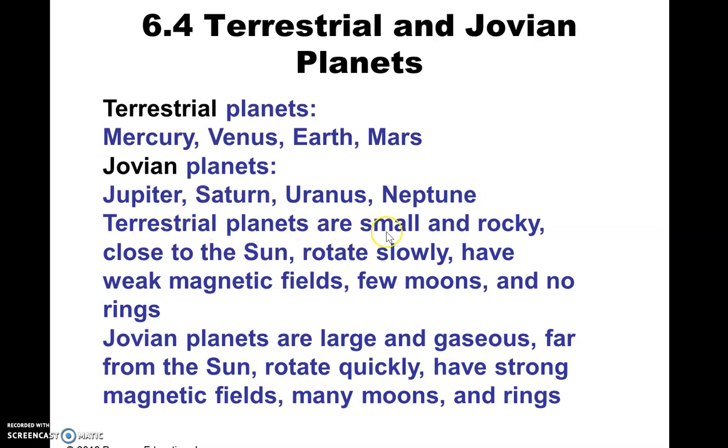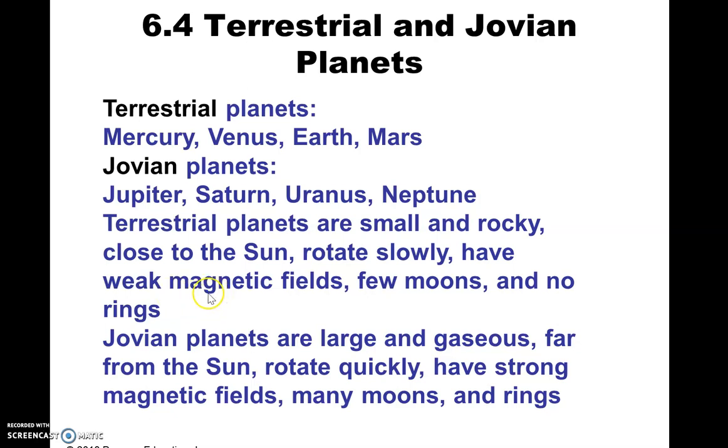So the terrestrial worlds are rocky, small worlds, as I mentioned just a moment ago. They rotate relatively slowly compared to the Jovian planets, and they have, we think of the Earth's magnetic field. We use it when you have compasses and things like that.